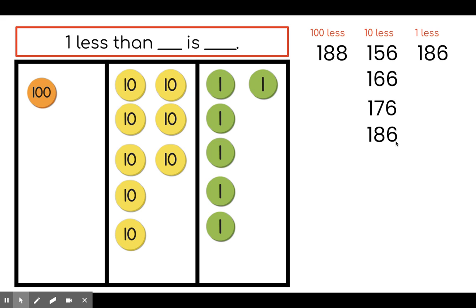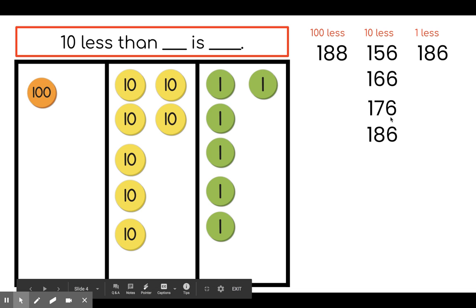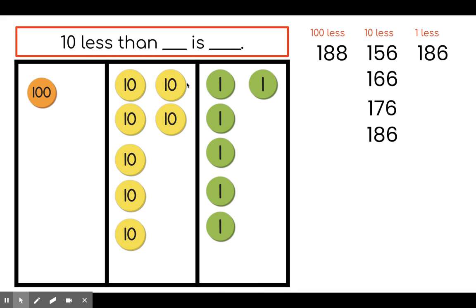We're at 186. Let's take away this 10 place value disc right here. What do we have left when we remove one of our 10 place value discs? We have 100, 7 tens, and 6 ones. So 10 less than 186 is 176.